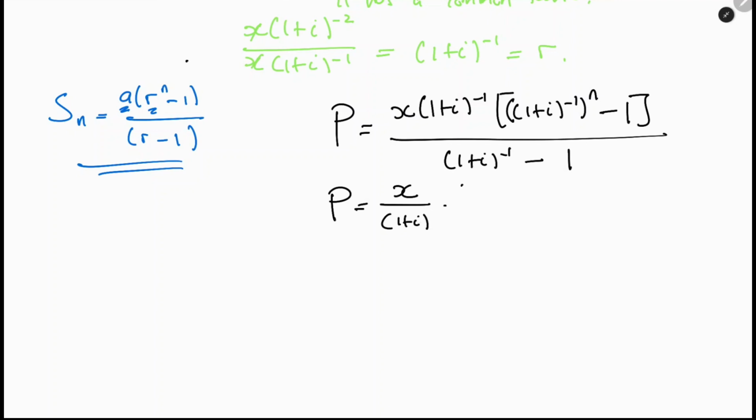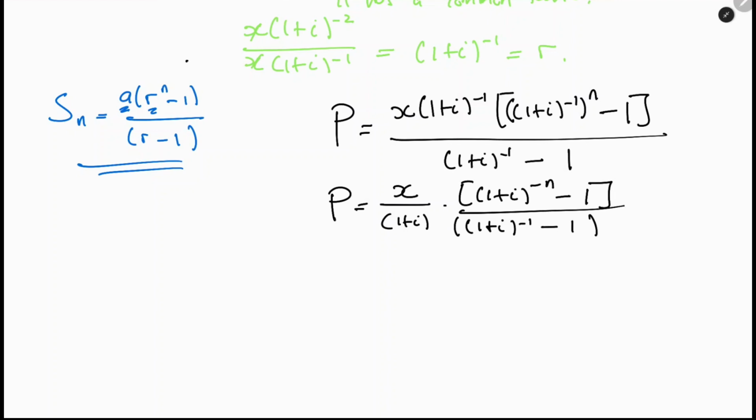Okay, and then I've got this big bracket, and in this part here I'm going to write this as (1 + i) to the power of minus n. So making these two exponents into one. Then I've got minus 1, close big bracket, over, and I've still got these terms in the denominator, so it's (1 + i)^(-1) minus 1 in a bracket.